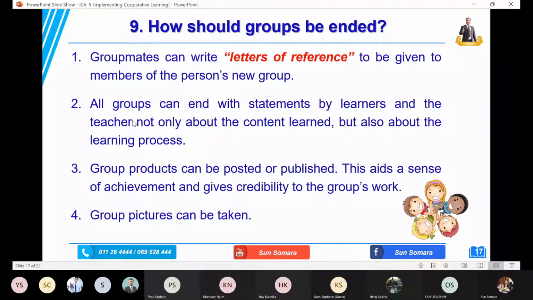It's also great. Number 2, the group can end with a statement by learners and the teacher, not only about the content learned, but also about the learning process. So focus not on the lesson, but on the process, how they can help each other and learn. Just tell them what the process and the progress are.